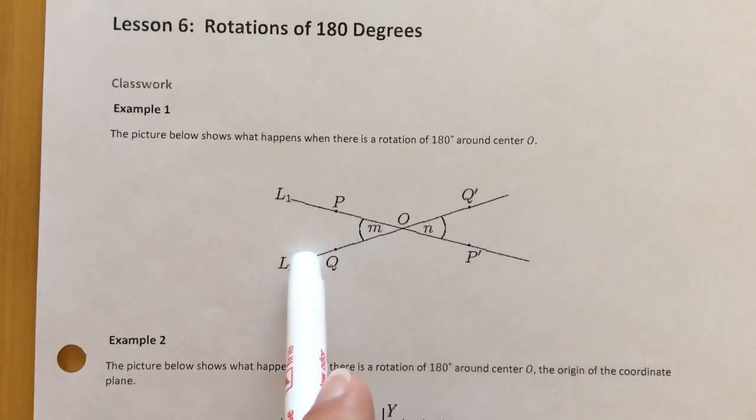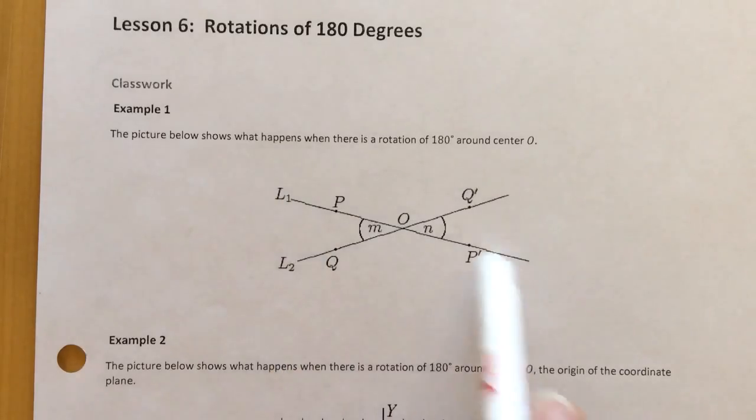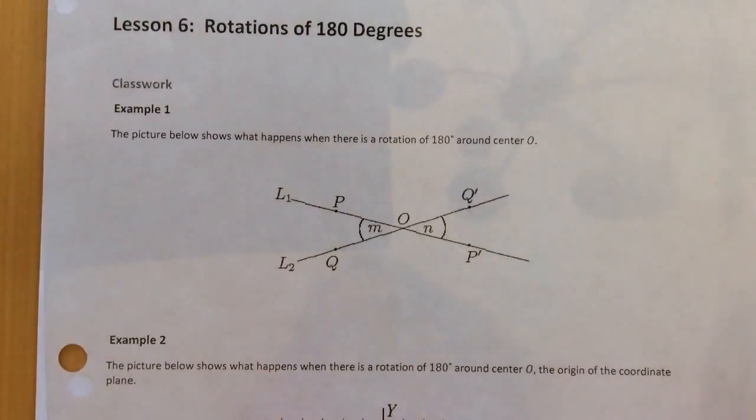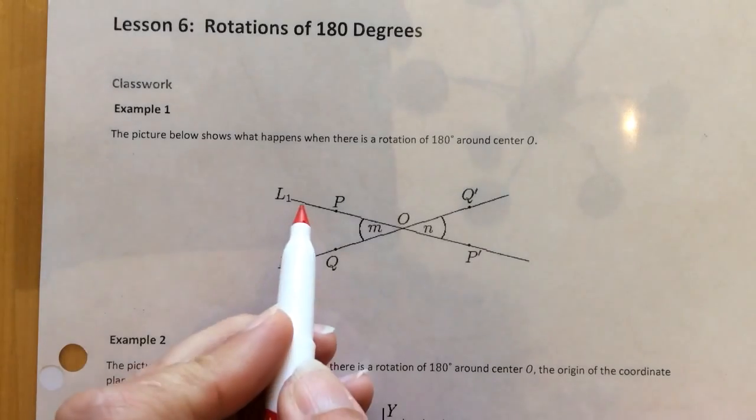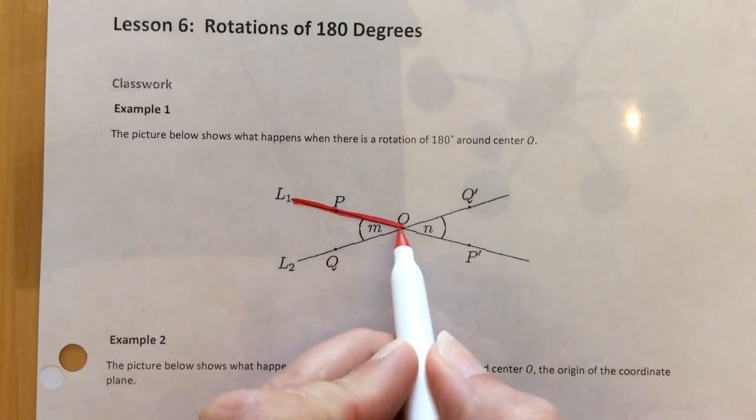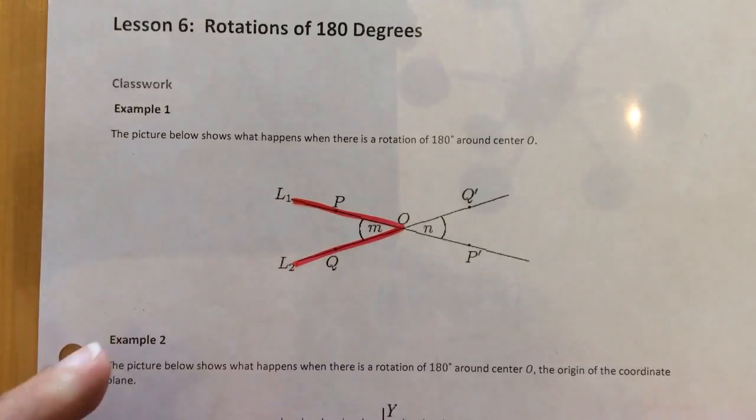And due to the fact that these are on the same line and these are on the same line, what we have is an angle here that is being rotated 180 degrees.